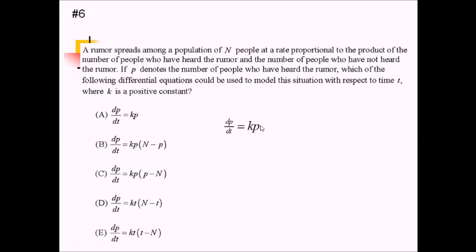So we've got the product of this and the number of people who have not heard the rumor. Well, how many people haven't heard the rumor? There are n total people. If p of them have already heard the rumor, that means that n minus p of them have not heard the rumor. So this is the setup we're looking for here, and that would be answer choice B.